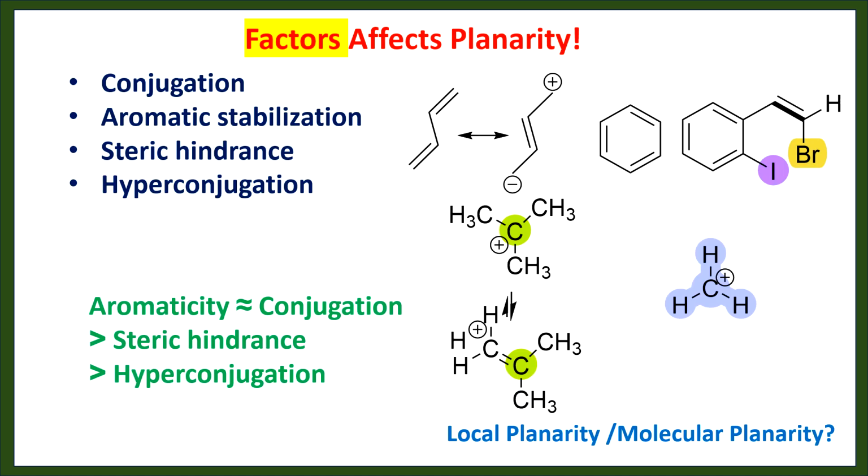Now coming to the factors that affect the planarity: conjugation, aromatic stabilization, steric hindrance. These are the factors which affect the planarity. If there is conjugation, it tends to be planar. Aromatic compounds, all sp2 hybridized, are planar definitely.